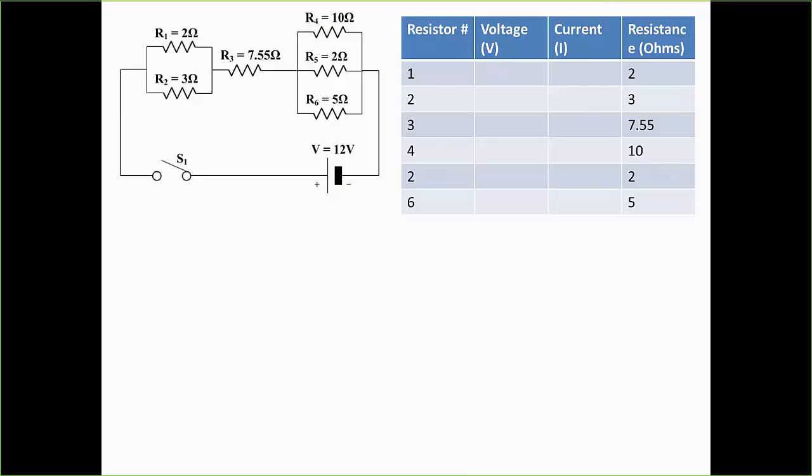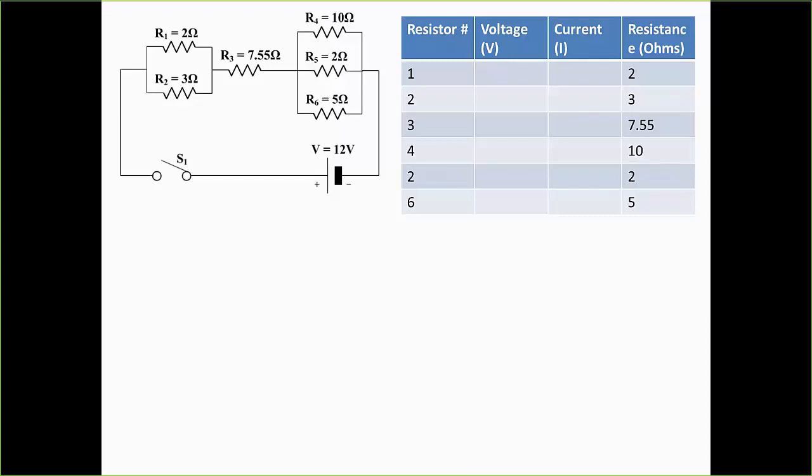R1 and R2 are clearly in parallel. R4, R5, and R6 are also clearly in parallel. So I need to reduce those before I can continue on. Remember, step 1 was to make variables, so that's what this table is. Step 2 is to reduce the series and parallel.